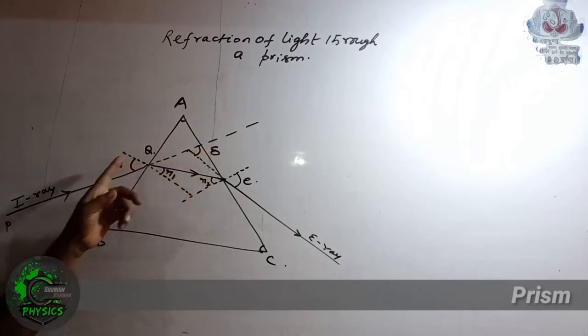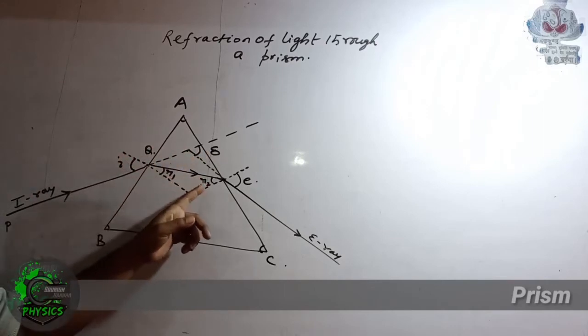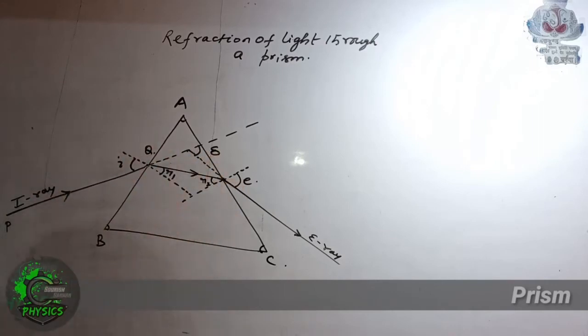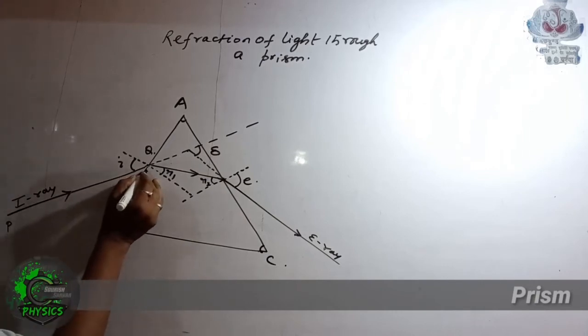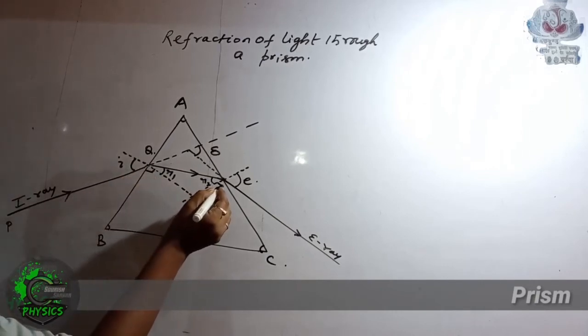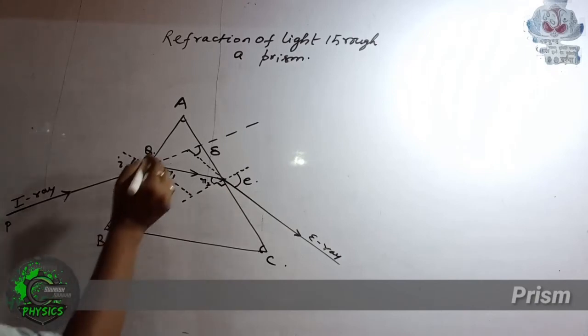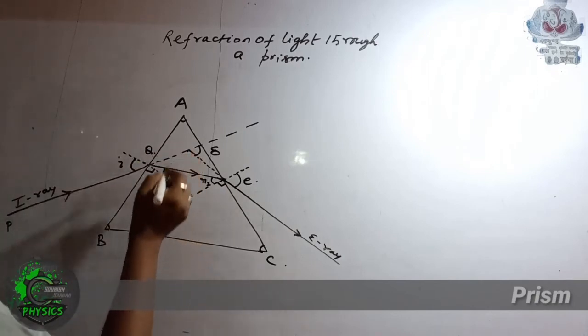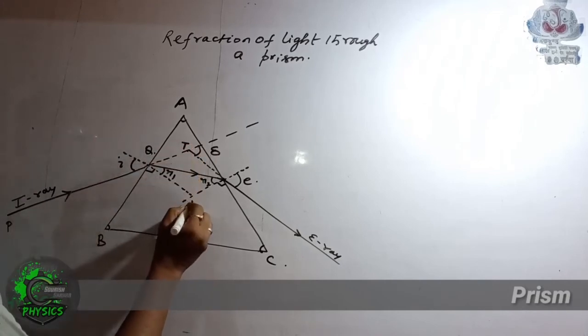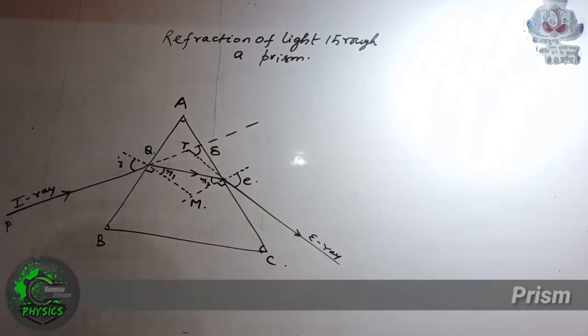Now let us see how these I, R1, R2, E and delta are related. This is the normal. This is the normal. Now first let us consider these two points as T and this point as M.